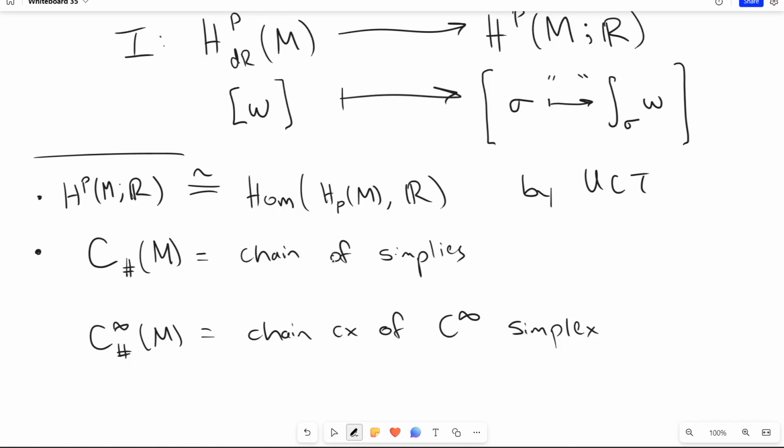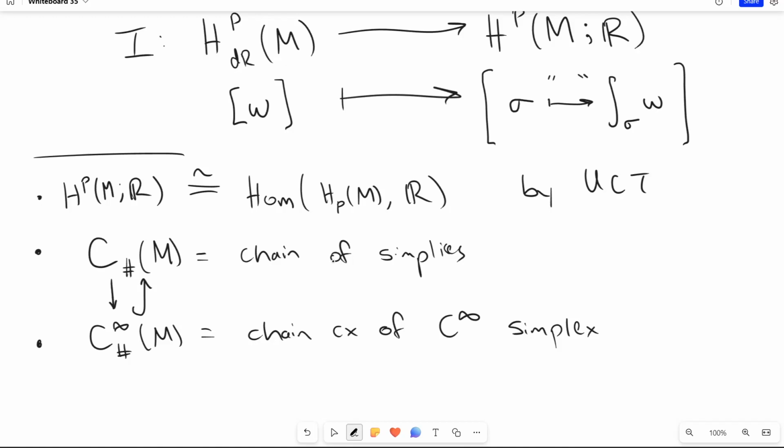Then every smooth simplex is in particular a simplex. So we have this inclusion pretty naturally, and the thing you would do is use the Whitney approximation theorem or some version of Weierstrass's theorem to approximate your continuous simplices in a sort of natural way to create a map going backwards.